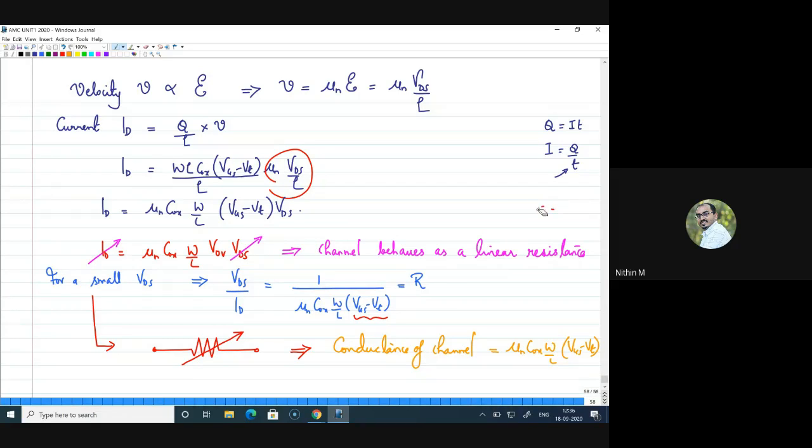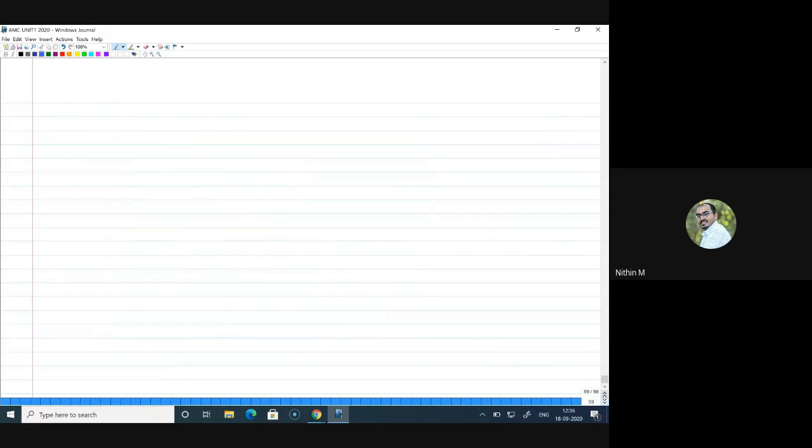I hope this is clear. Now, if I try to plot the characteristic, this is VDS, this is ID. For small values of VDS, you will actually get a linear variation. Right. I hope this is clear. Now we will just see pictorially.